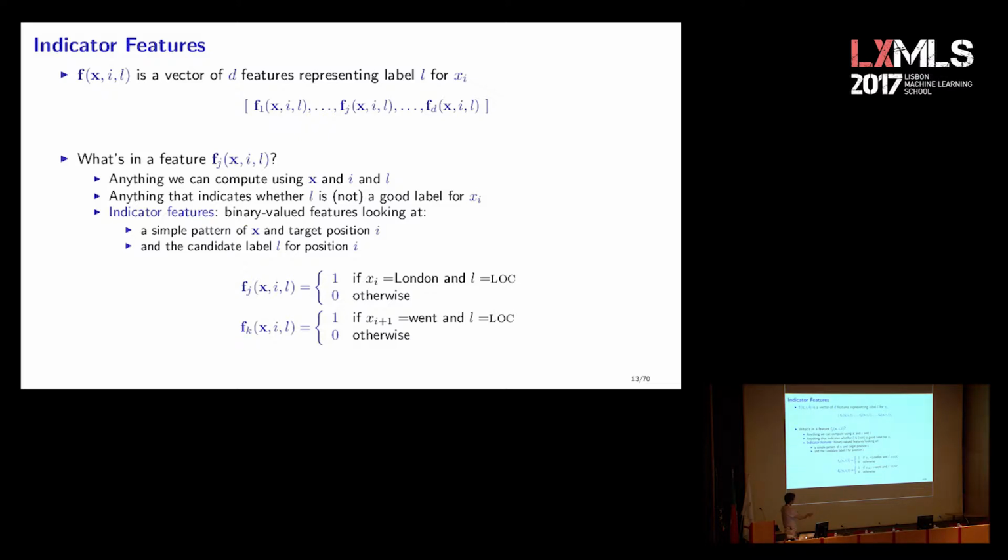Another feature might look at whether the next word, x_{i+1}, is went, and the label is location. Note here that we're representing position i with label L, but we're looking at the next word. So we're describing the ith position by looking at the next word. This is given, so we can do that. In general, we can write anything we can compute using the full sequence, a position, and the candidate label.